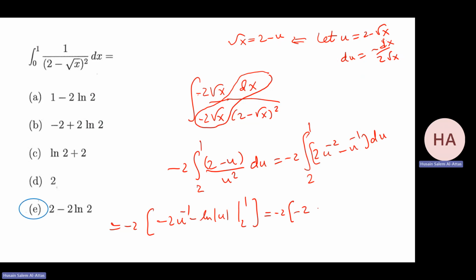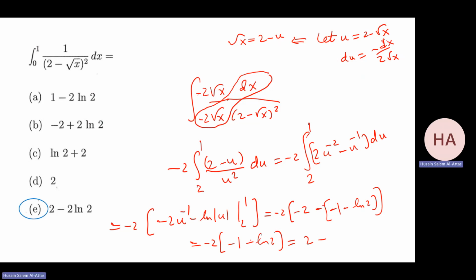Minus ln 1, 0, gone. This is minus 2 over 2, that will be minus 1. Okay. Minus ln 2. So what we have? We have minus 2, minus 2 plus 1, that will be minus 1. Minus ln 2. So it will be 2.